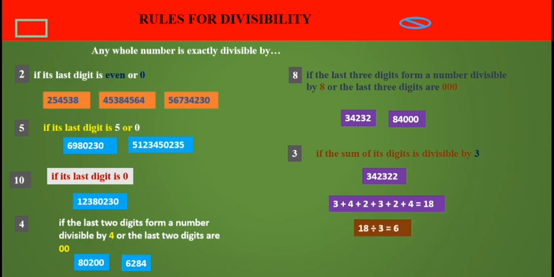Now we look at the divisibility rule for 6. If its last digit is even and the sum of its digits is divisible by 3, then the number is divisible by 6. So let's take a look at this example. 642,324. The last digit is 4, which is even.